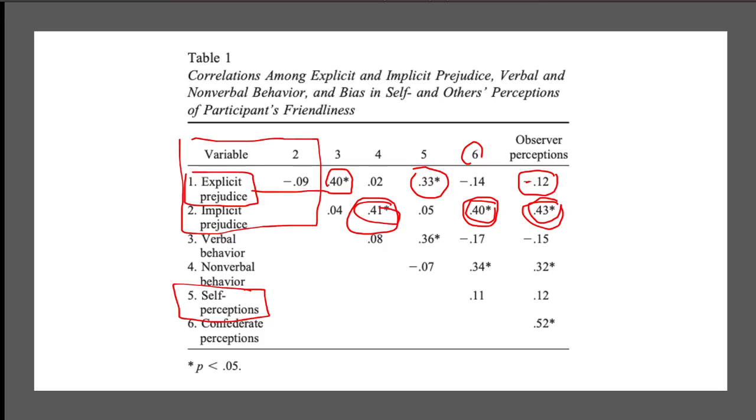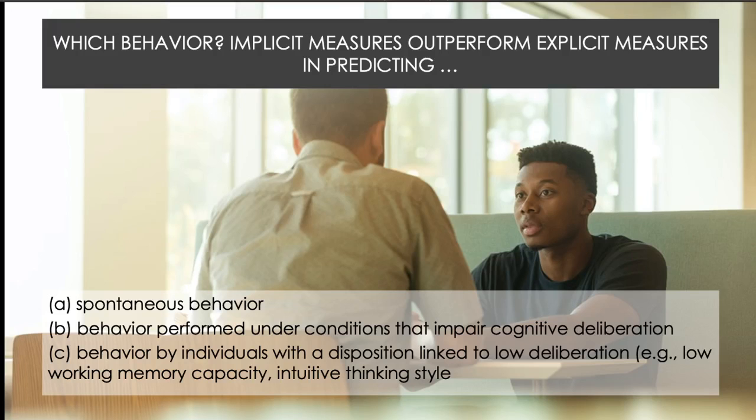So here you can see there are 2 different sets of behavior that correlate with implicit measures. It's not all behaviors, but spontaneous behaviors, right? Non-verbal interactions. Then there's behavior performed under conditions that impair cognitive deliberation, so under stress.